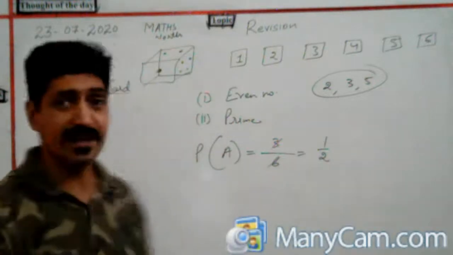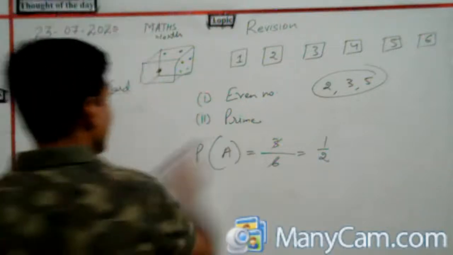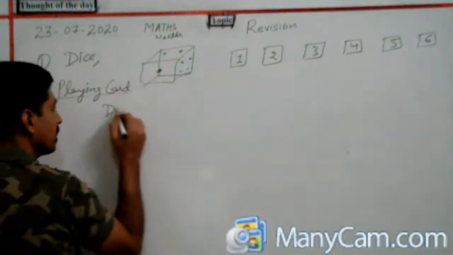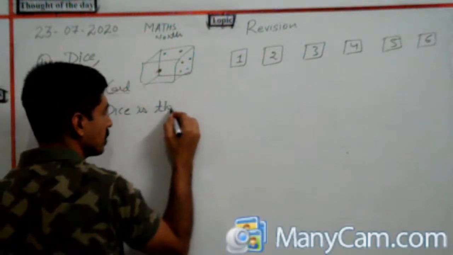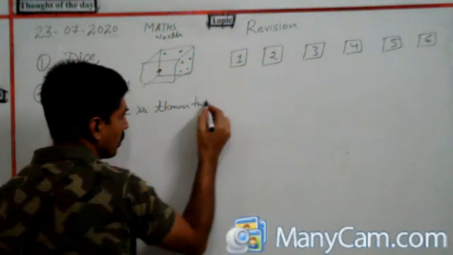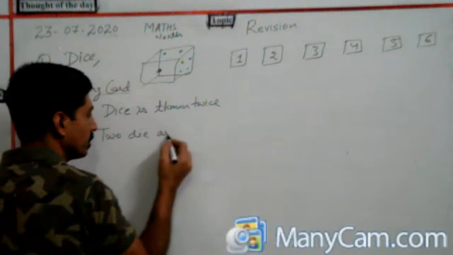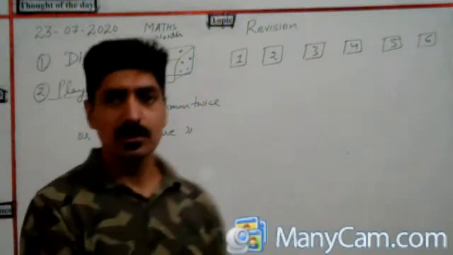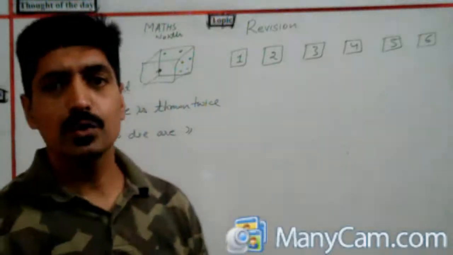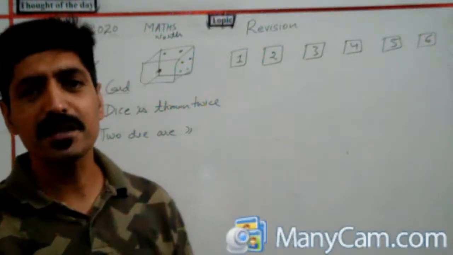Now the question is, when a dice is thrown twice or 2 dice are thrown, then the sample space will change. Okay, either you throw the same dice 2 times, or if we are throwing 2 dice together, the sample space will be 36.